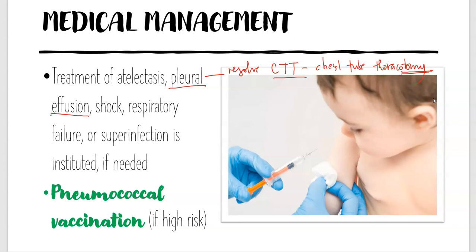Similarly, di ba, when we say effusion, it's your accumulation of fluids in your pleural cavity, in your pleural space, causing the restriction of your lungs to actually expand, right? And when we say lung expansion, it means accumulating as much oxygen as you can so that you will have proper gas exchange.